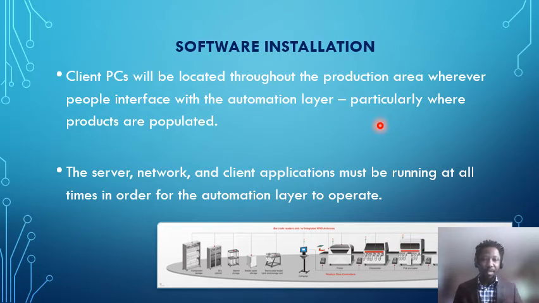Also, the server, the network, and the client application must all be running at all times in order for the automation layer to operate. There mustn't be any downtime. They must be running 24/7, because if anything stops, it breaks the communication layer, which we don't want, because as a result we may lose some data that the machines are producing.